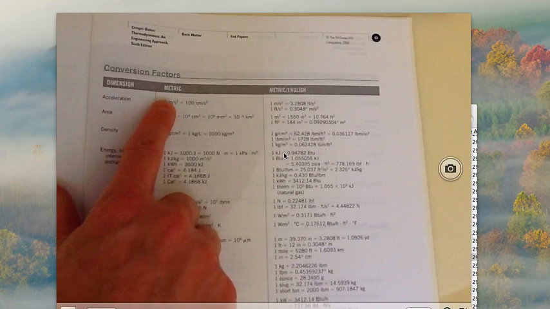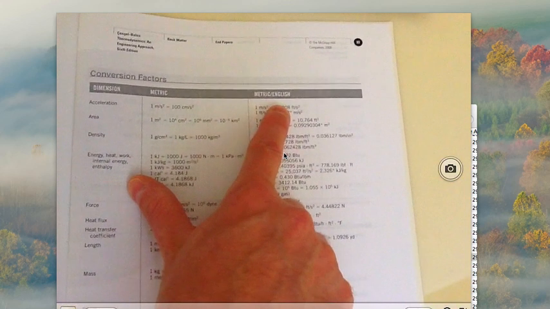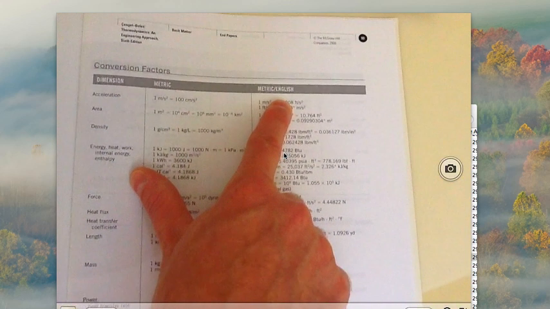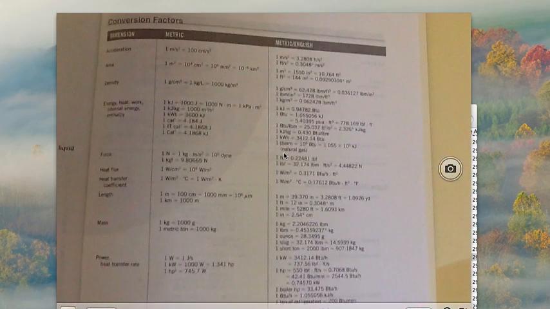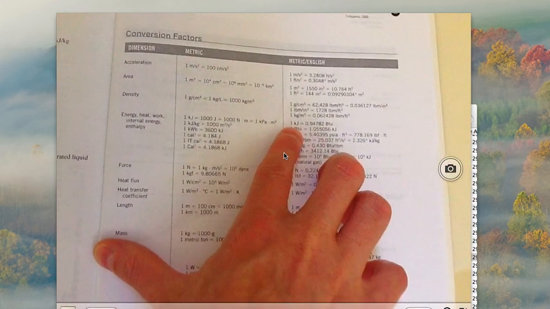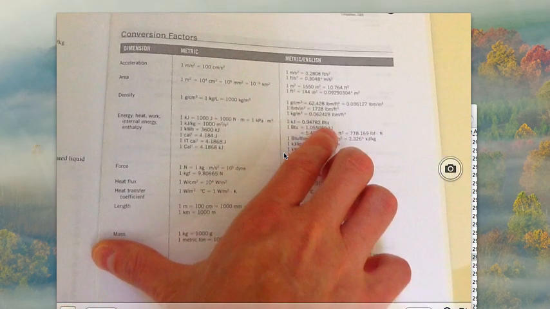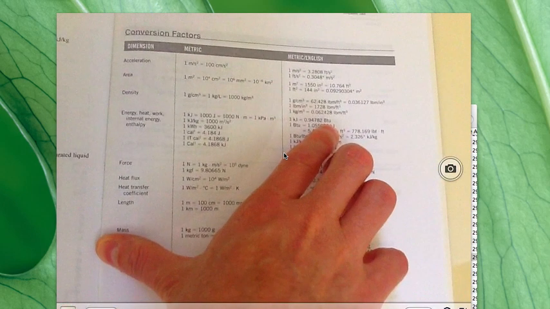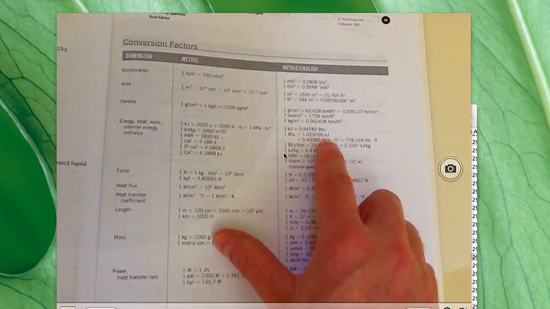There's a column that lets you go from metric to metric, and then a column that lets you go from metric to English. Under energy, here is a conversion to go from kilojoules to BTU. Good one to know. And then the very next one is BTU to kilojoule.